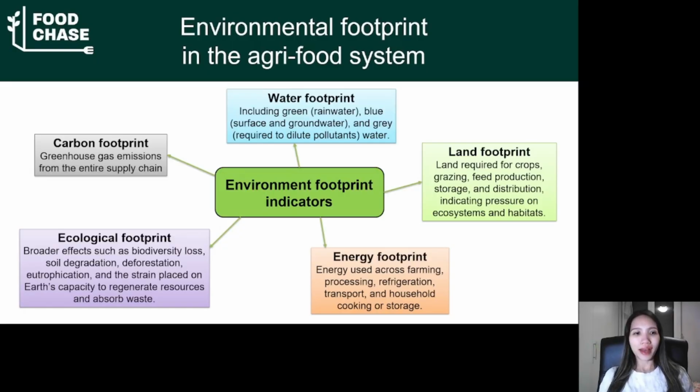And finally, we have ecological footprint, which is a broader effect such as biodiversity loss, soil degradation, deforestation, eutrophication, and the strain placed on Earth's capacity to regenerate resources and absorb waste.